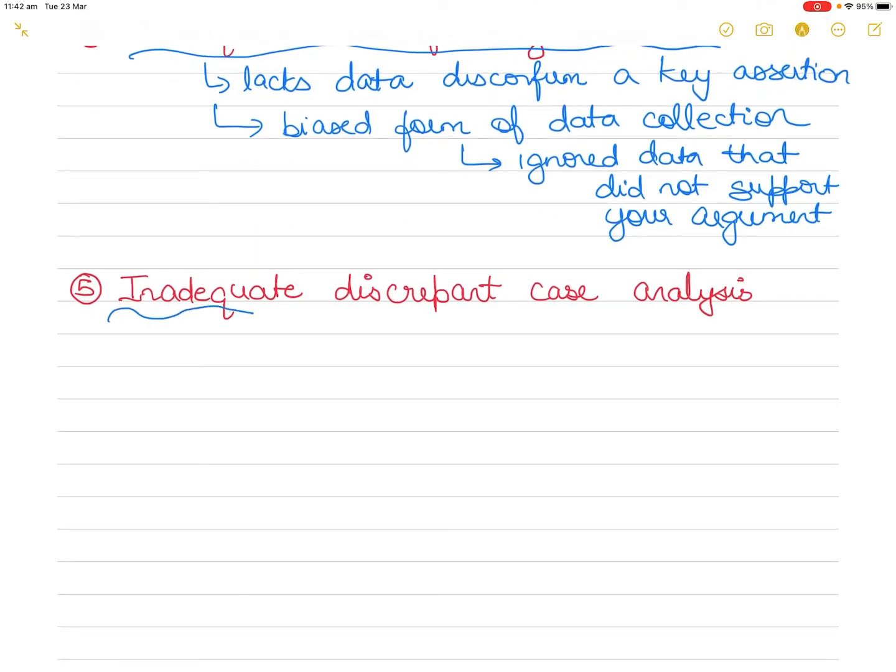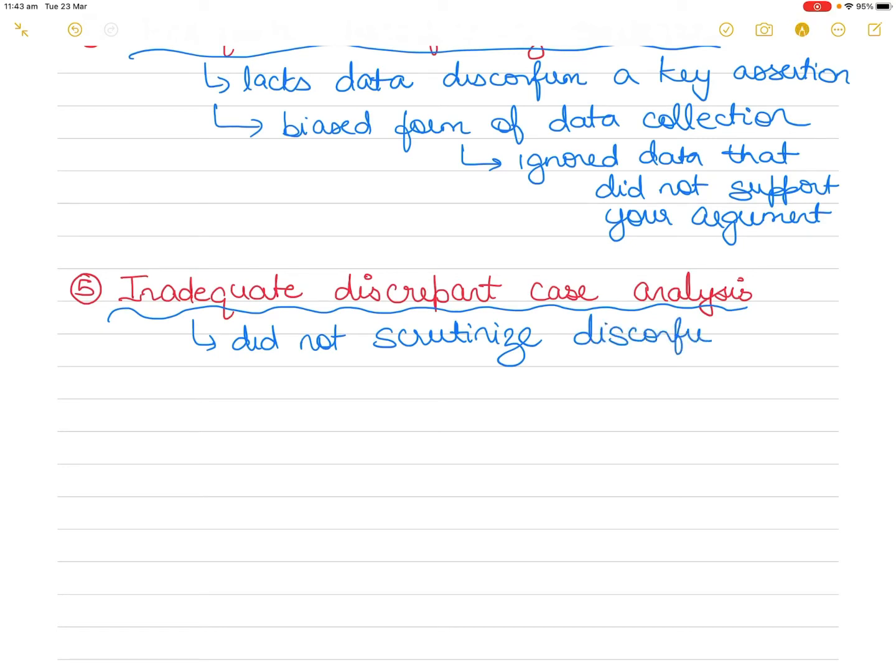The final judgment criterion is inadequate discrepant case analysis. What does this mean? This means that the researcher did not scrutinize, did not investigate, did not go into the depths of the set of disconfirming instances. Let me give you an example.